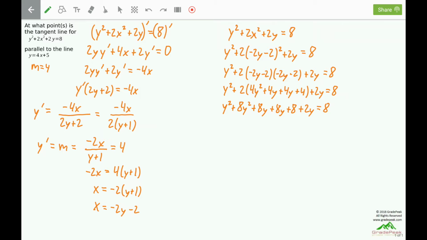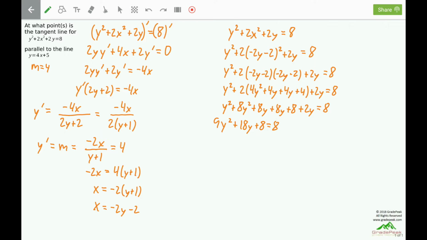We can combine like terms together. We have an 8y squared and a 1y squared to become 9y squared. We have an 8y, another 8y, that's 16y, plus 2 more y, plus 18y. And then we have plus 8 equals 8.